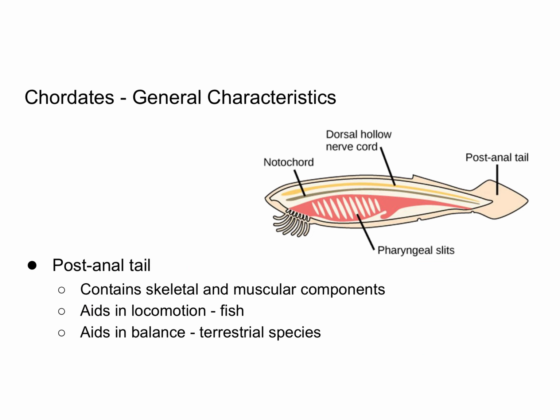And last but not least, all chordates have a post-anal tail. And it doesn't really show it here, but the anus would be somewhere like here, so the tail is beyond or past the anus. The tail contains skeletal, so things like bones or cartilage, and muscular components.